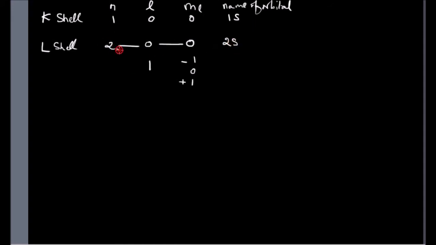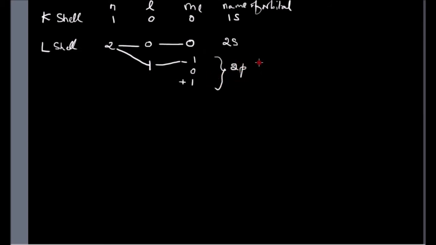Now the next orbitals in the second shell are 2, 1, minus 1 and so on. When L is equal to 1, I said it is called p orbital. So the three orbitals together are 2p orbitals.